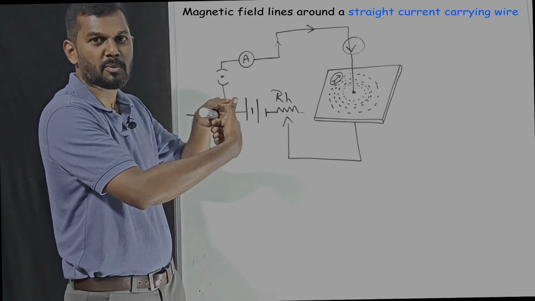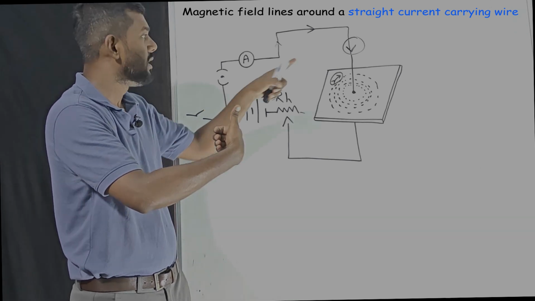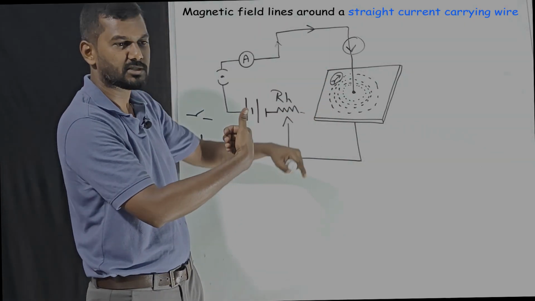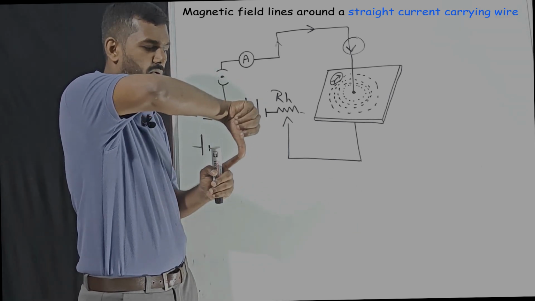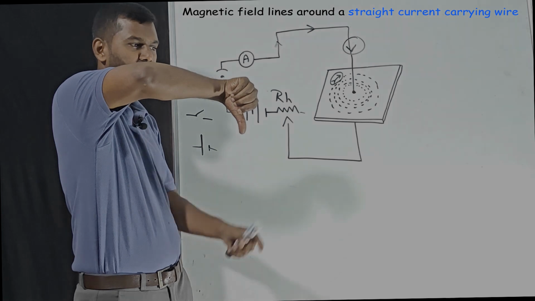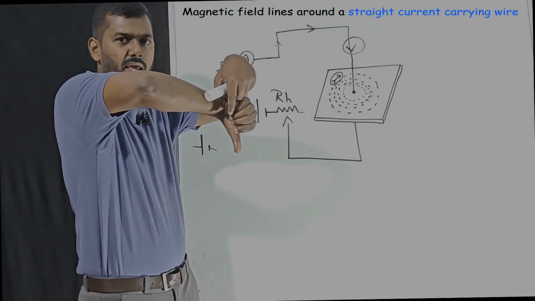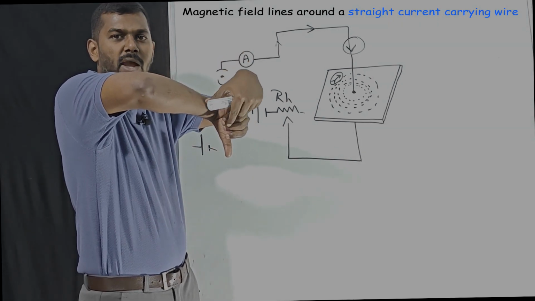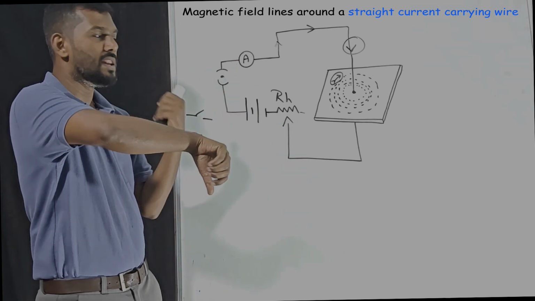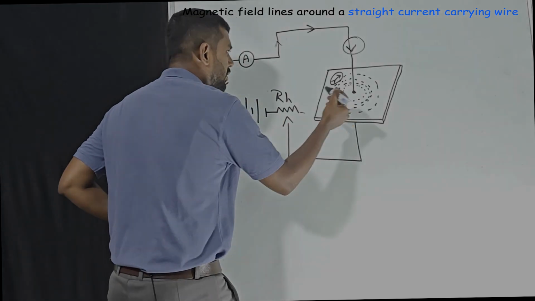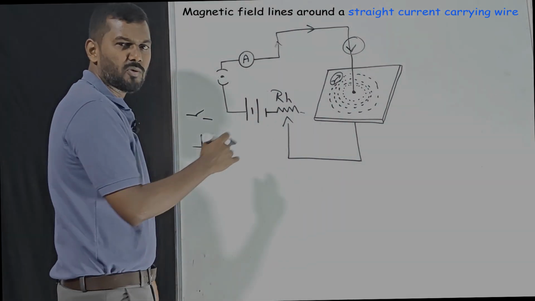Because this thumb represents the direction of current. The current is flowing downward, so you have to hold it like this. Then these fingers will tell us the direction of the magnetic field. So it is towards me, towards left, correct? So we got to know it is towards left.